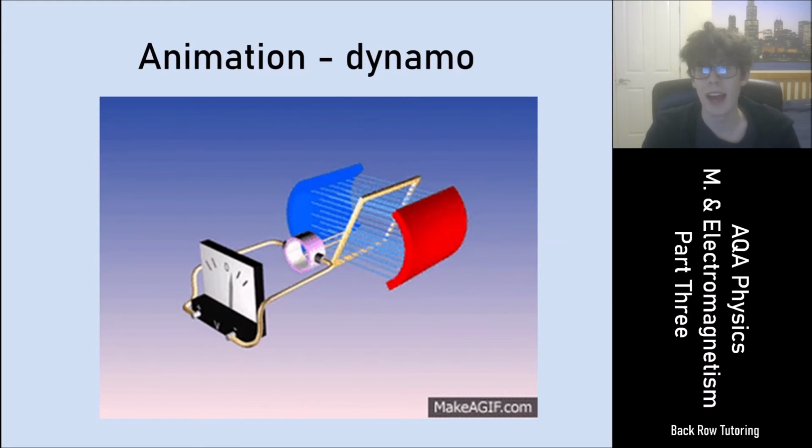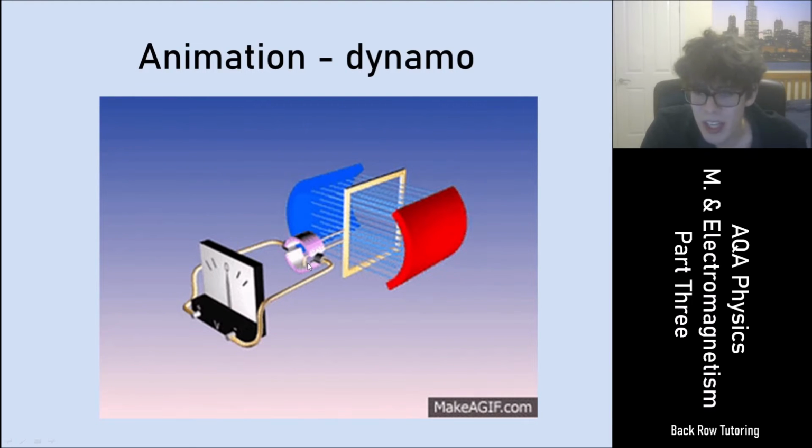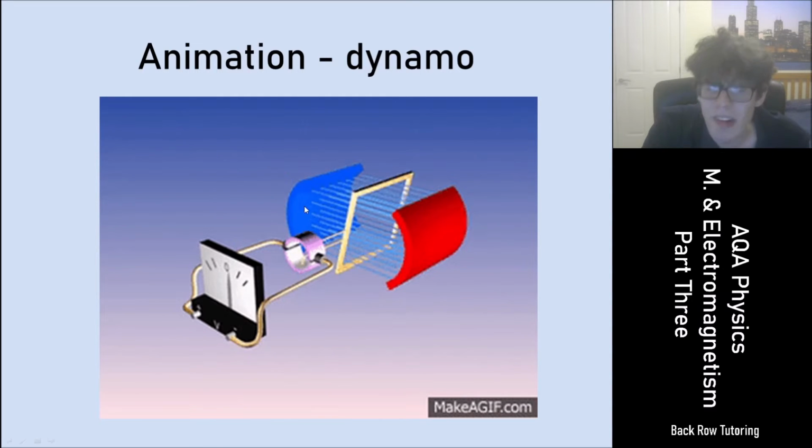And this shows how a dynamo works. So when this spins around here, you can see this is actually a very bad animation, but this here is a split ring commutator. So you see that this part of the coil is always connected. The part which is going down is always connected to this wire here, and the part which is going up is always connected to this wire here.